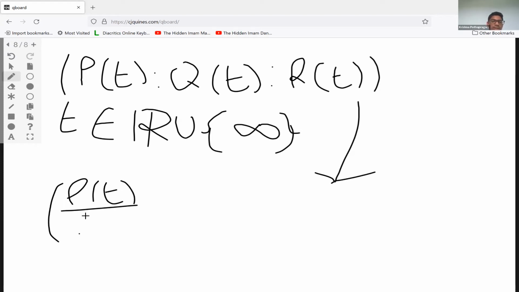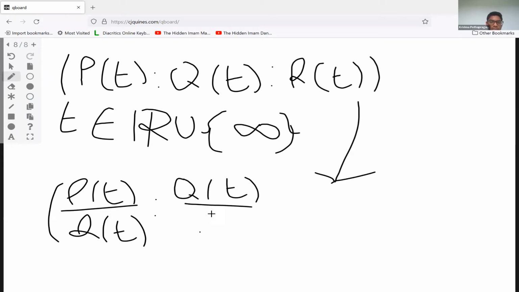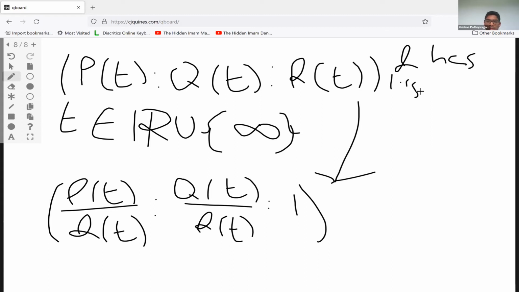We can say this is the same. Well, imagine r is non-zero. We can do this kind of thing, right? So actually, we're going to say r has the largest degree among these three.